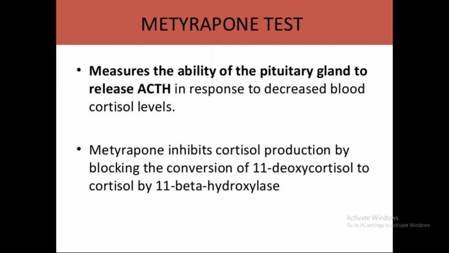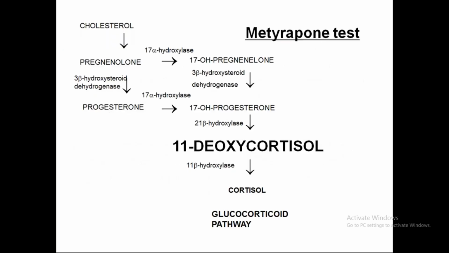That's why in the metyrapone stimulation test, metyrapone will inhibit cortisol production. See this here. The key enzyme is the 17-alpha hydroxylase, the key enzyme for the production of cortisol.